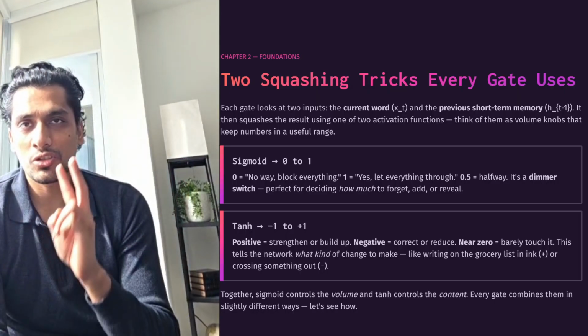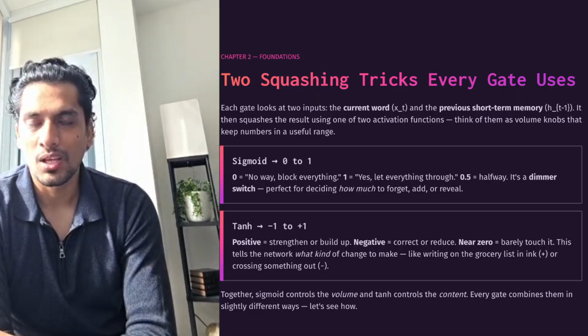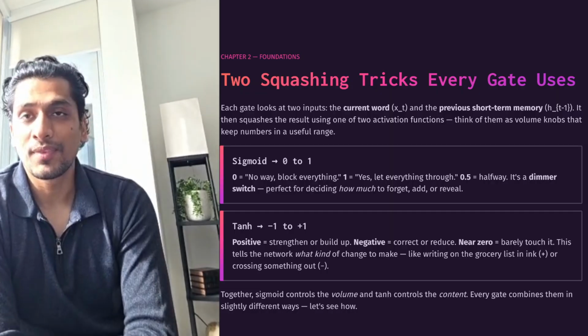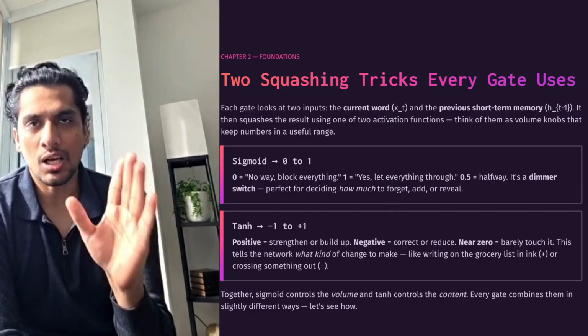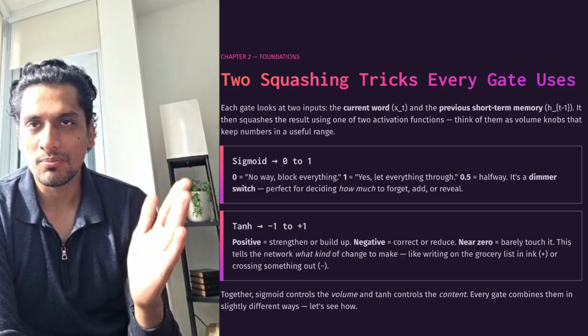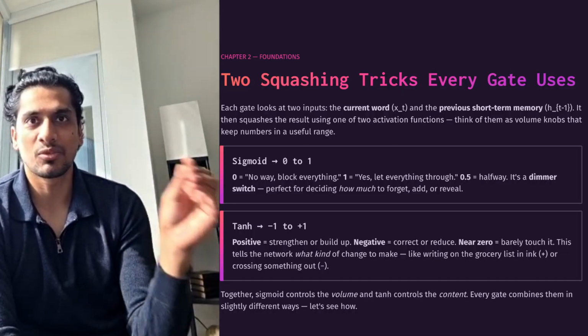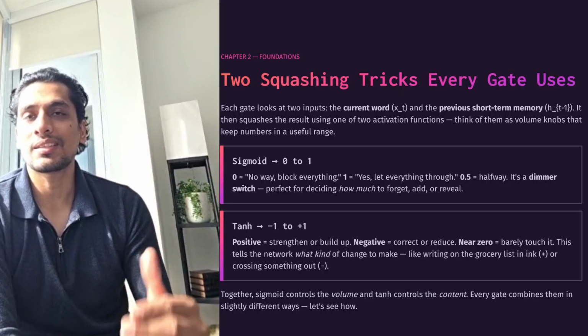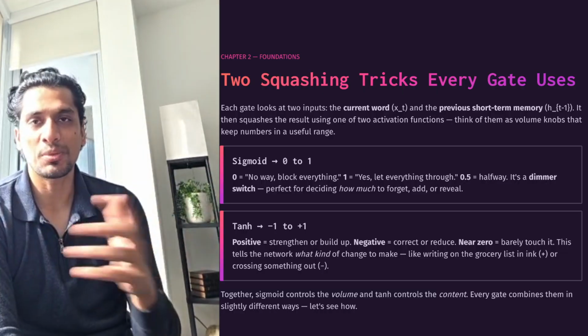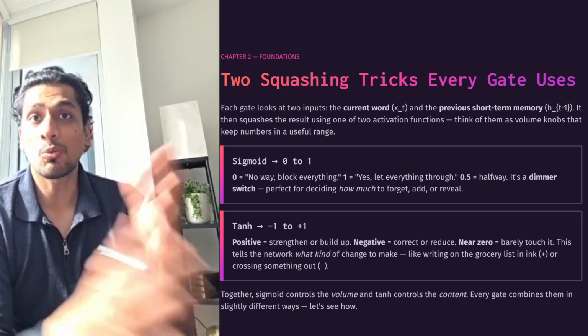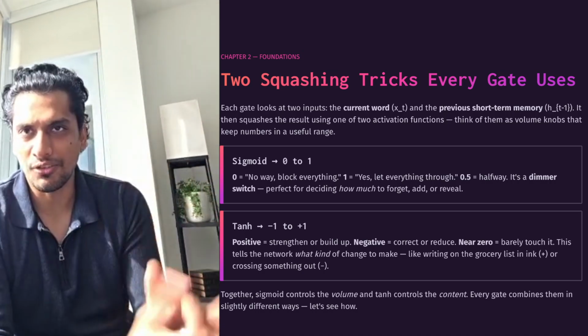The gates use two squashing techniques. First, the sigmoid. It squeezes any number down to between 0 and 1. 0 means no way, forget it, hide it, throw it away. 1 means yes, keep everything, show me everything you've got. 0.5, for example, is somewhere halfway.